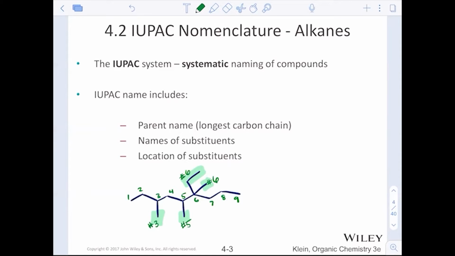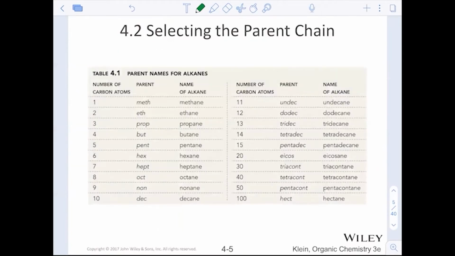So those 3 steps are going to be the overarching theme that we'll see now in a whole bunch of examples. When we select a parent chain, what's really important is that we know how to name that parent chain. It's going to be the foundation of our nomenclature, the foundation of the name of the molecule.